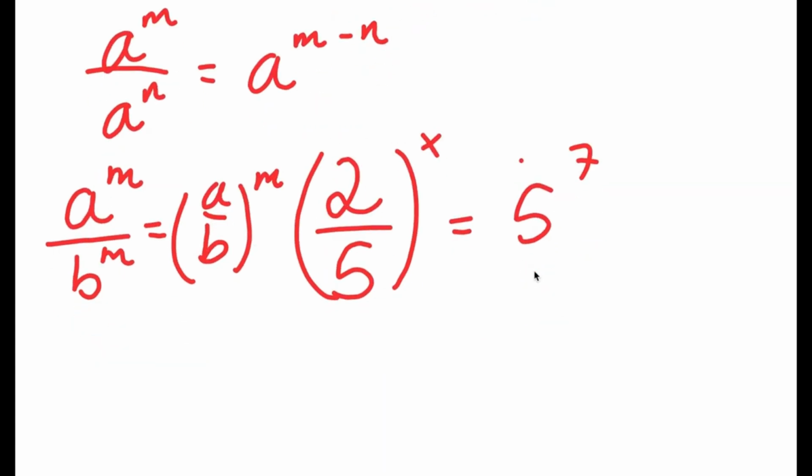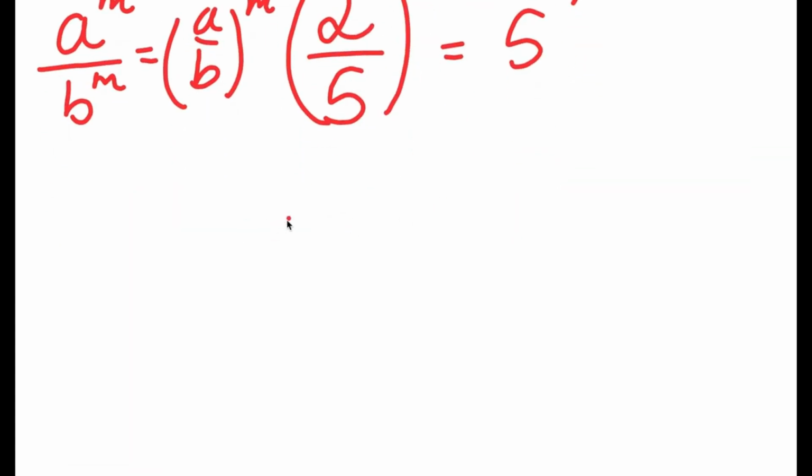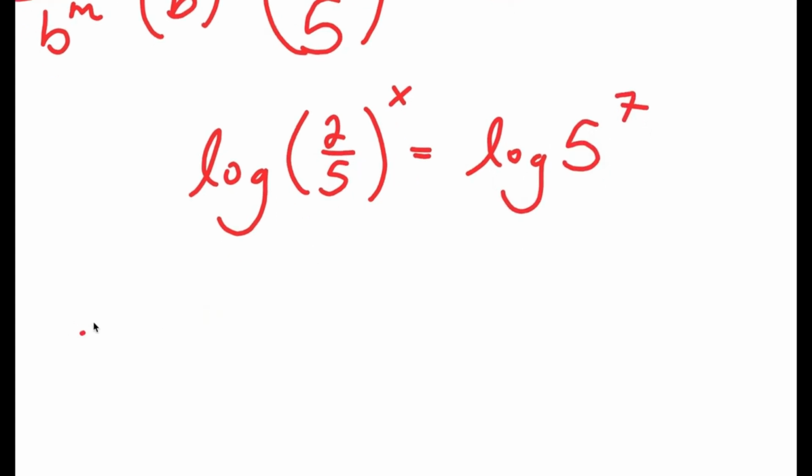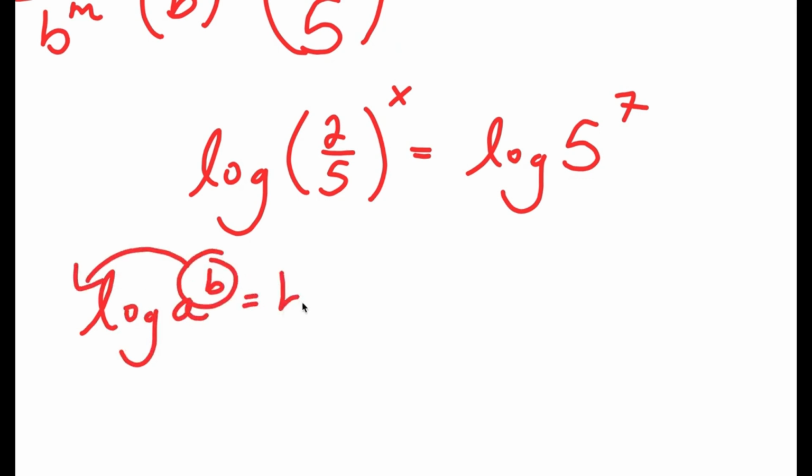Now from here, I'm going to take the log on both sides. So I get log 2 over 5 to the power of x is equal to log 5 to the power of 7. And if I have something in the form log a to the power of b, I can move this exponent b to the front, so I get b times log a.